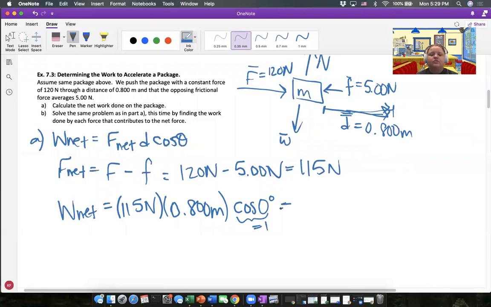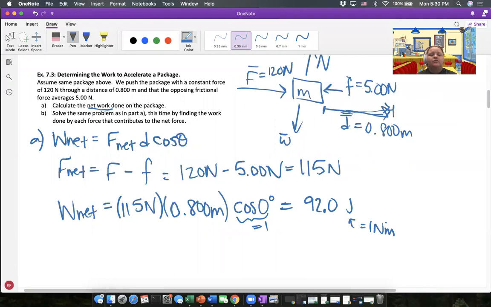So our net work is just 115 newtons times 0.8 meters, and I get 92 joules. Remember that 1 joule is equal to 1 newton meter. So that was the net work done on the package.